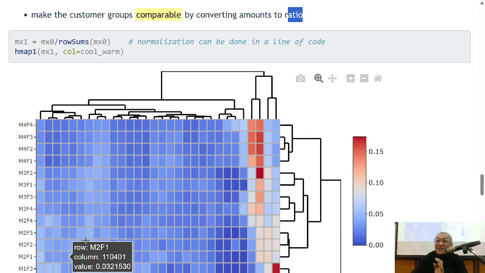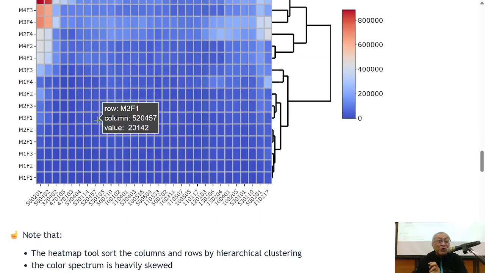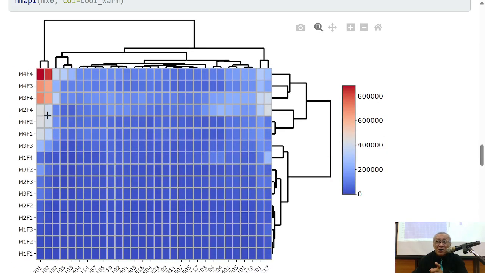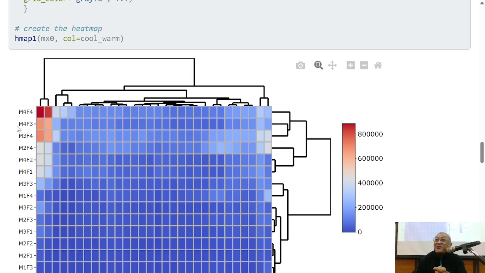So you can see that different groups of customers actually spend their money on different categories, right? If you compare the revenue, you will see something like this, okay? It will usually emphasize the most selling category and most buying customer, right?